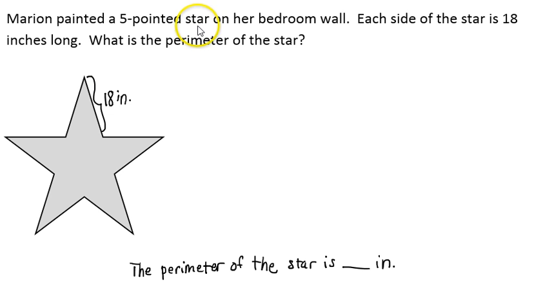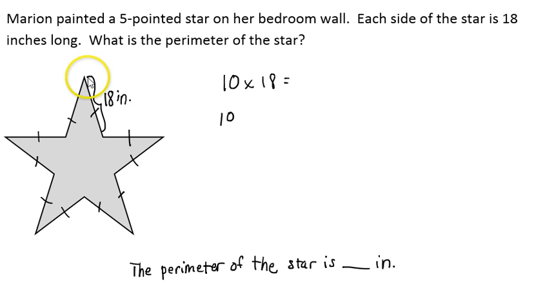Now, it's a 5-pointed star, but that doesn't mean it has 5 sides. Let's count the sides. We have 1, 2, 3, 4, 5, 6, 7, 8, 9, 10. It has 10 sides. So I would need to add 18 10 times to get my perimeter. Another way to look at that is we could take 10 times 18 to get our perimeter.